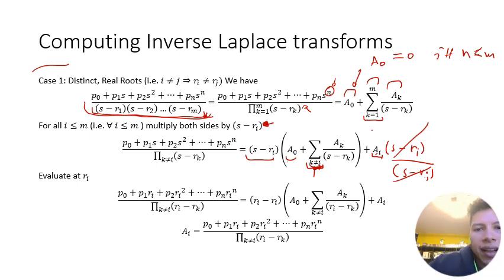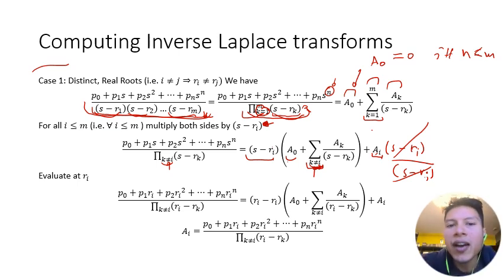And then here we have the product of all of the roots, r1, r2, through rm. Remember, this means the product of all of the roots. Now it becomes the product of all of the roots except the one with ri.